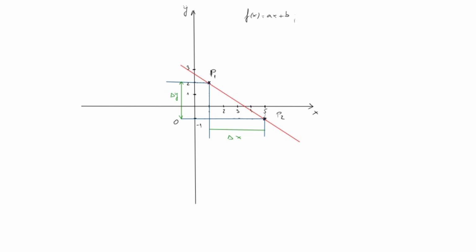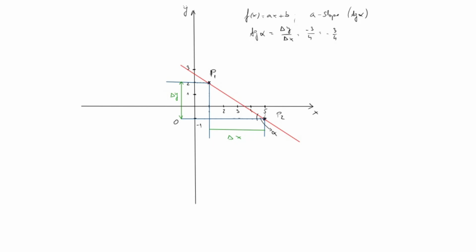Maybe you recall that a is the slope, also denoted by tangent of alpha. This angle is here, alpha, and the tangent of alpha is given by delta y over delta x, and that will be minus 3 over 4.